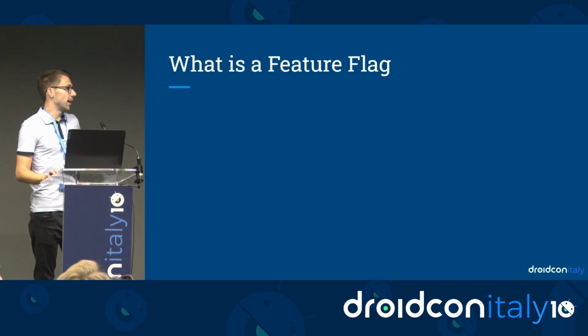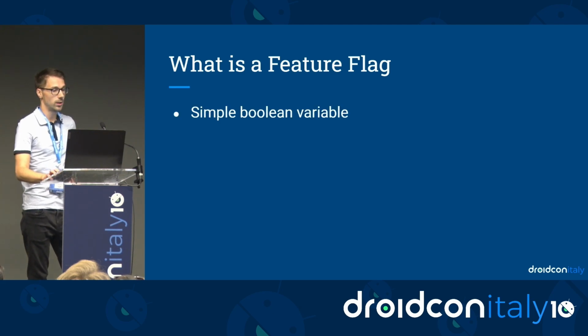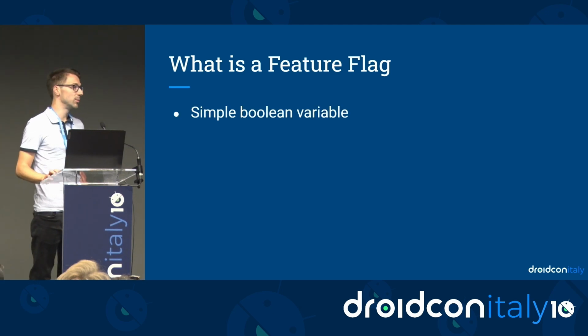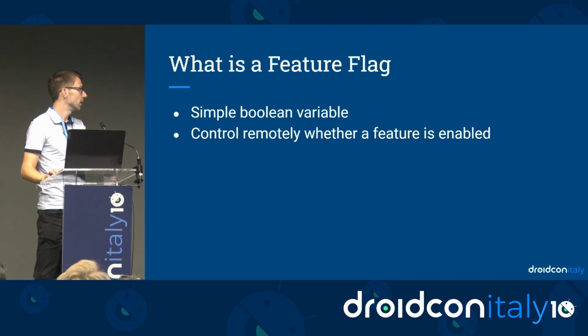So okay, let's first answer the question what the feature flag is. A feature flag, in the most simple terms, is just a Boolean variable, but the most important difference is that it's controlled remotely.